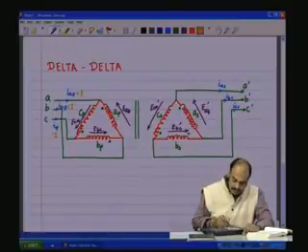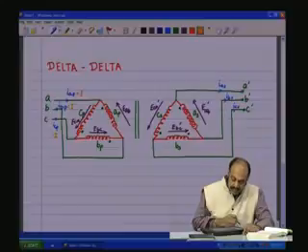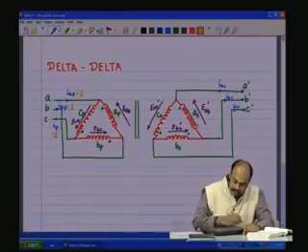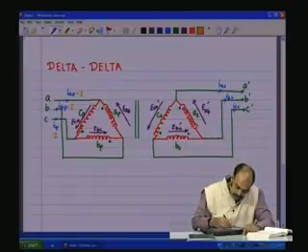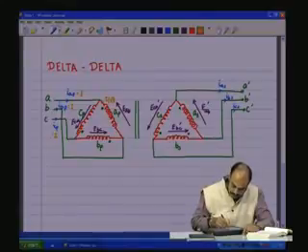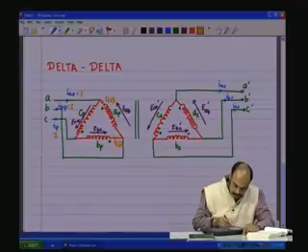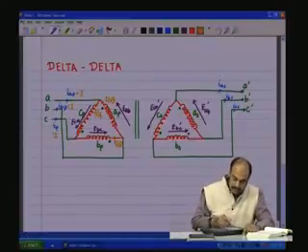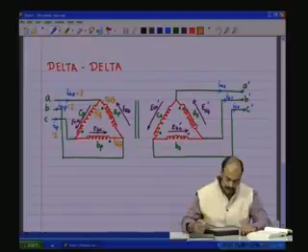Then the phase currents in each of these phases, that is each of the primaries of the single phase coils, would be I by root 3, I by root 3, I by root 3, isn't it? So, the phase currents are I by root 3, I by root 3, I by root 3.